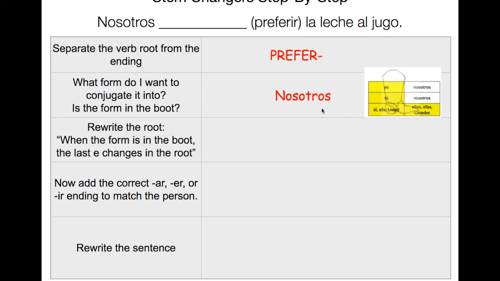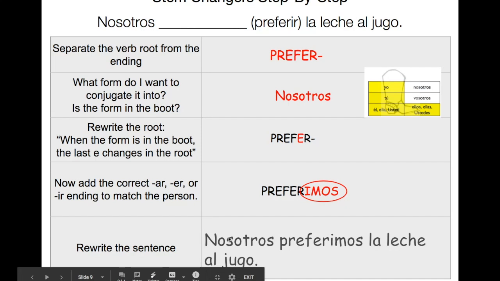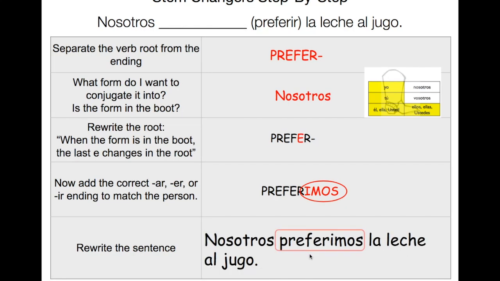Rewrite the root now, given this information. Prefer, we do not have a stem change since nosotros is not in the boot. Now add the correct, in this case, IR ending, because preferir is an IR verb. And the ending for nosotros is imos, preferimos. Rewrite the sentence. Nosotros preferimos la leche al jugo. And here is your conjugation.